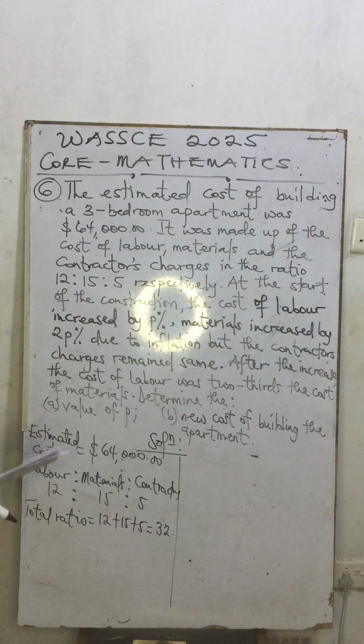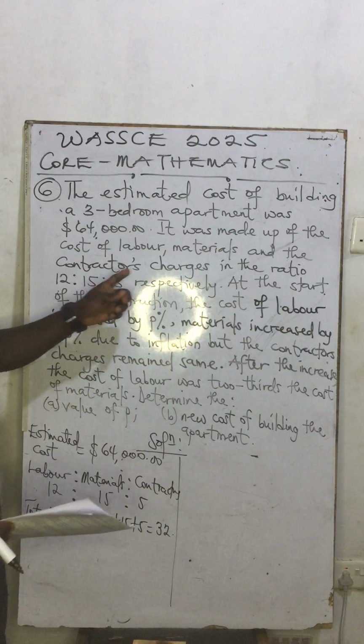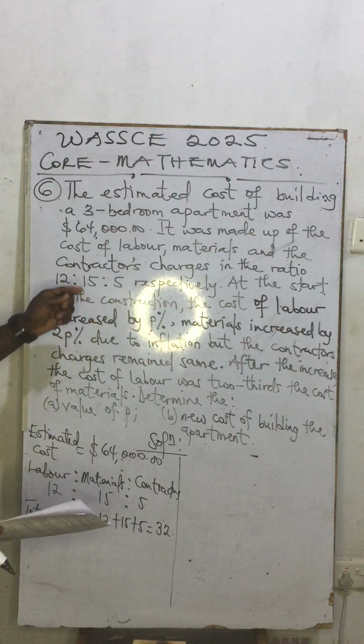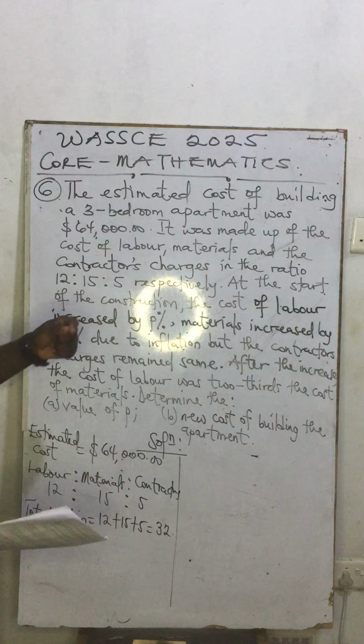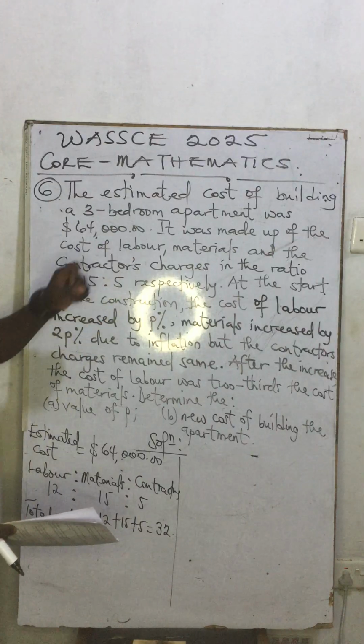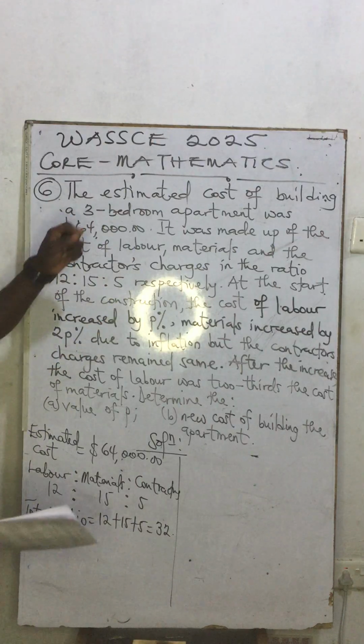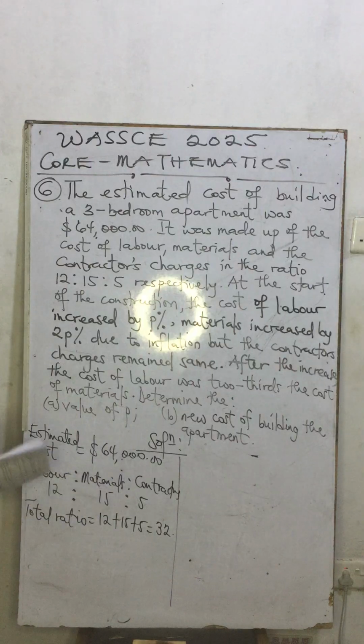Now we can find the labor charge. How much did they charge for labor for the 3-bedroom apartment building?